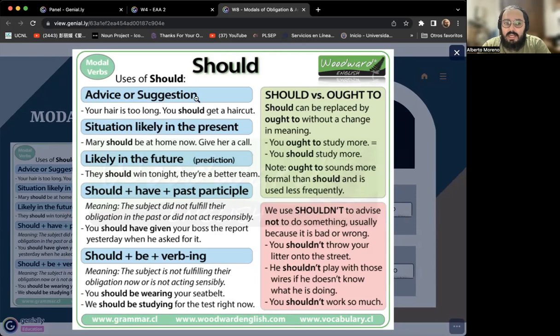Which is important here, guys, is that we understand that should is used to express an advice or a suggestion, and it can be translated into Spanish as deberías de, tú deberías de, él debería de, nosotros deberíamos, etc. It's like a suggestion.